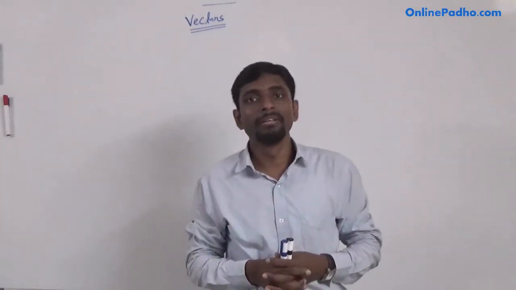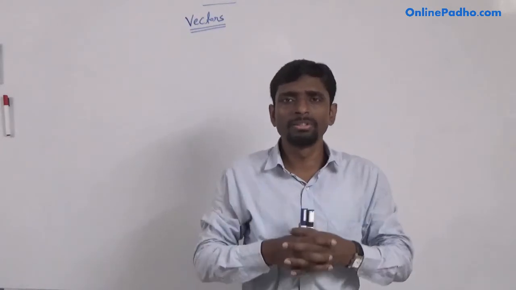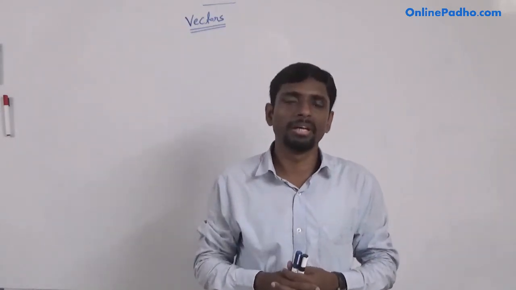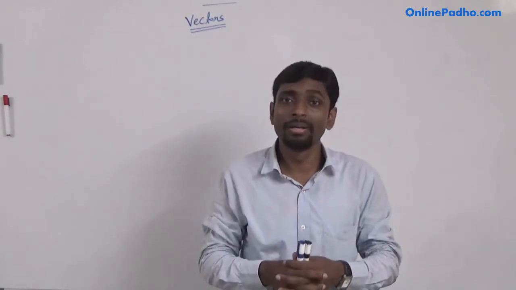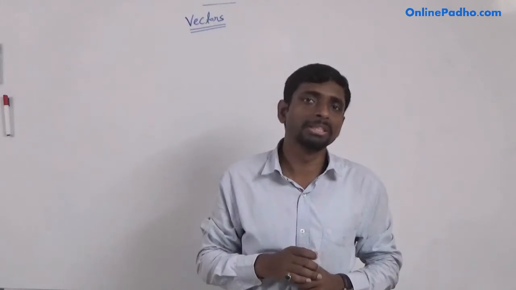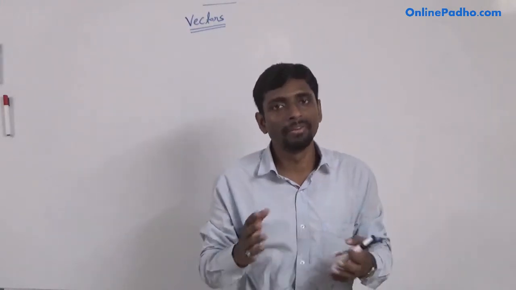What we will learn in the vectors. So, first of all, we need to discuss the definition of vector. How can we define a quantity as a vector? There are two different things in a quantity. First one is scalar and second one is vector.